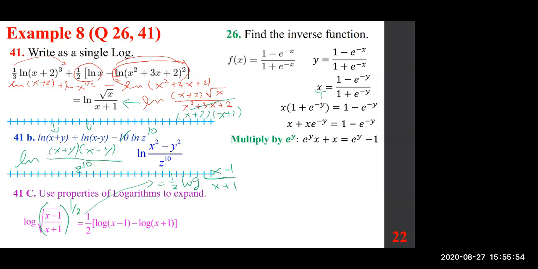If you multiply this equation by e to the power of y, take a look at what I wrote in red. Then you see the next line. You're going to solve for e to the power of y by bringing everything involved in that to the same side and factoring it.